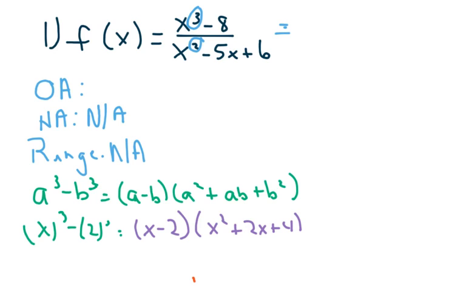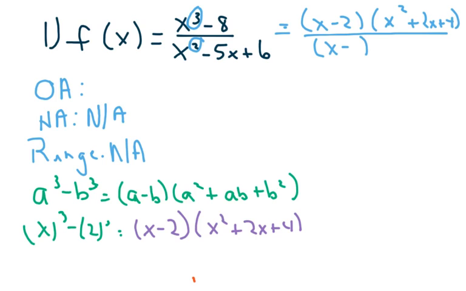Alright, so let's go back up here, and we're going to write it out. We get x minus 2 times x squared plus 2x plus 4. And I'm going to factor my denominator.